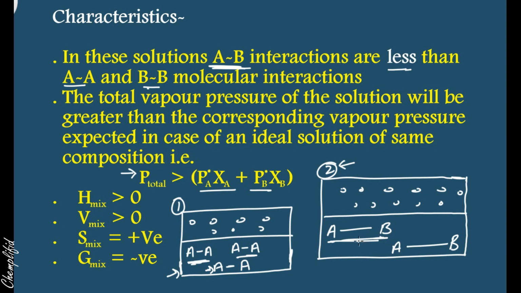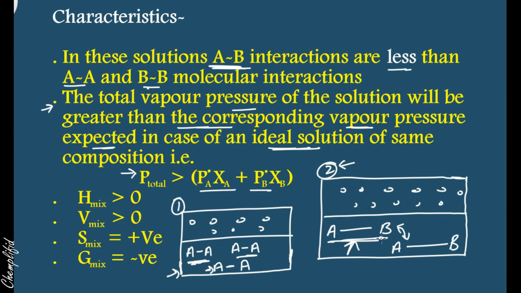Right? Now, let's go to the second statement. The total vapor pressure of the solution will be greater than the corresponding vapor pressure expected in case of ideal solution. That's what I have told you. Since the interaction is low, the volatile behavior increases and pressure increases above the liquid. In simple terms, the solution is not stable.